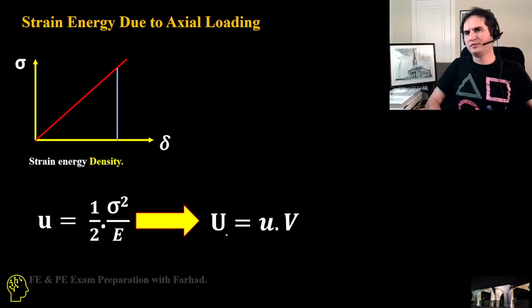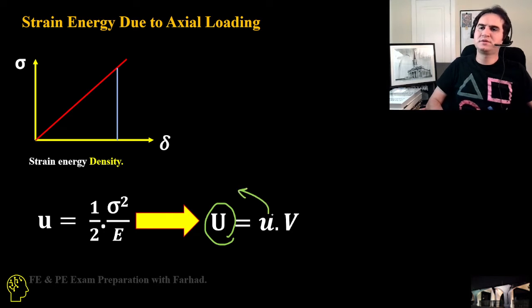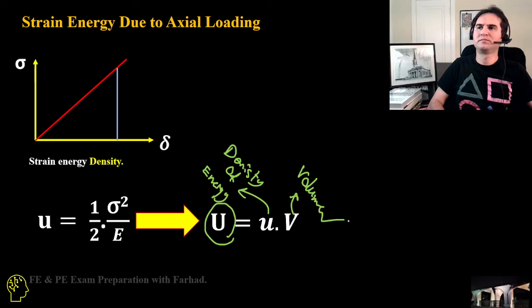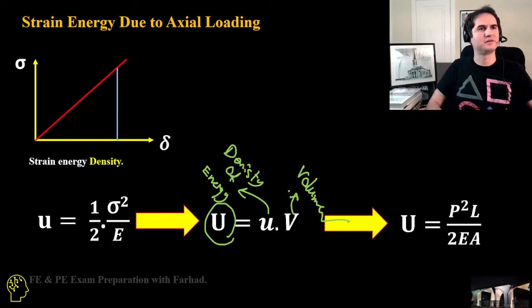And if you want to know capital U, you simply multiply the energy density times the volume of your shaft, whatever it is.